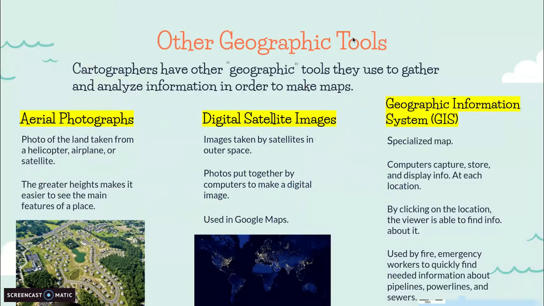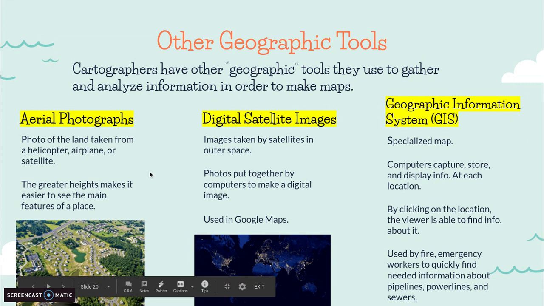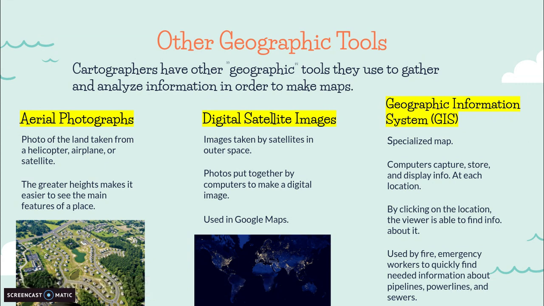There are also some other geographic tools. Cartographers have other geographic tools they use to gather and analyze information in order to make maps. So cartographers use these three types of tools in order to make more accurate maps.